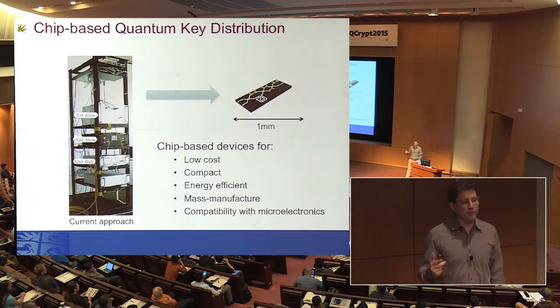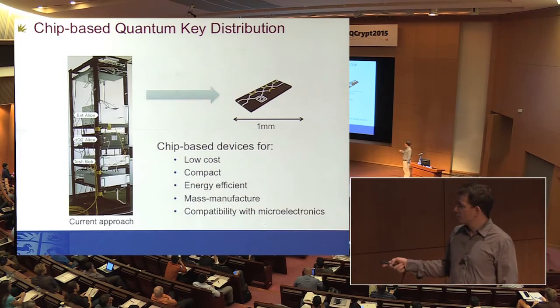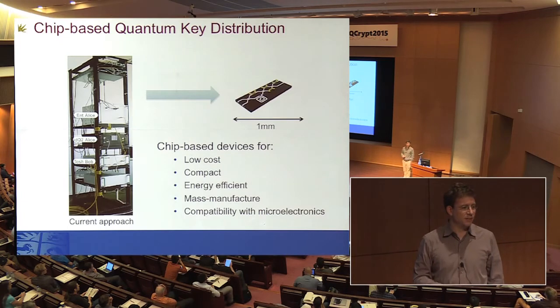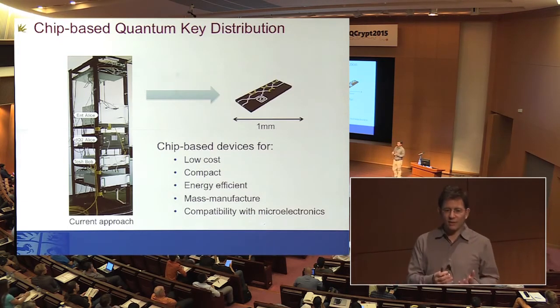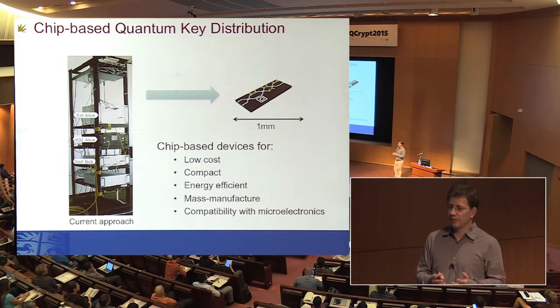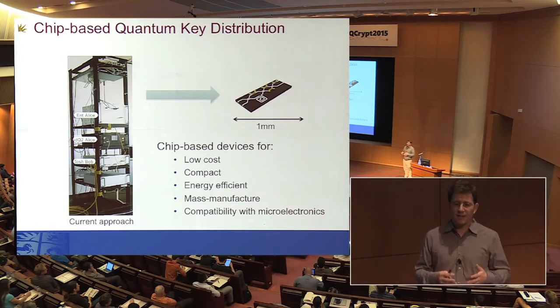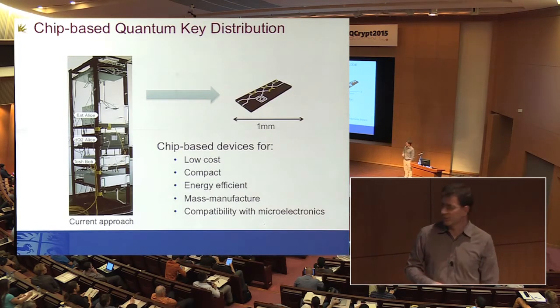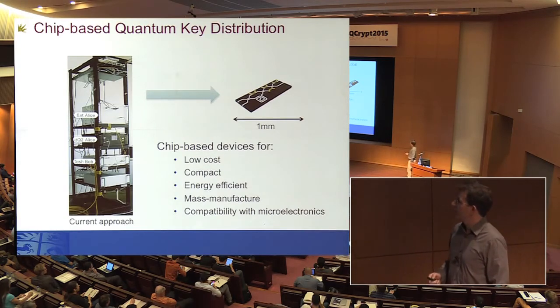And in the long term, these sorts of photonic circuits are compatible with microelectronic processing techniques. So in the long term, you could imagine having all of your electronics and all of your photonics completely integrated onto the same circuit. And eventually, we could imagine maybe QKD devices embedded inside microprocessors. So this sort of approach lends itself to that sort of future thinking.